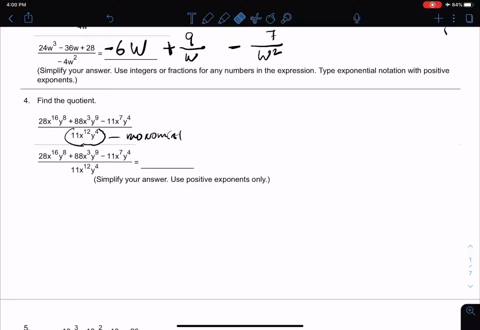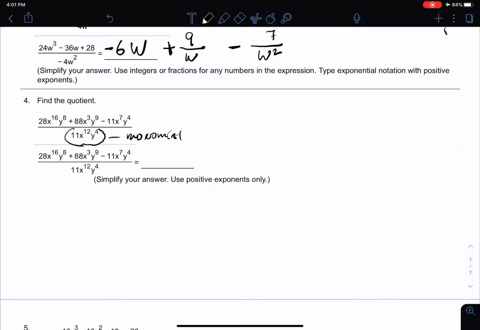It's a binomial if you could have that same 11x to the 12th, y to the 4th, but these are all being multiplied, so it's just one term. A binomial would have to have a plus or minus and then another term. So a binomial is going to have that separation of a plus or a minus. So we know for sure that this thing in the denominator is a monomial.